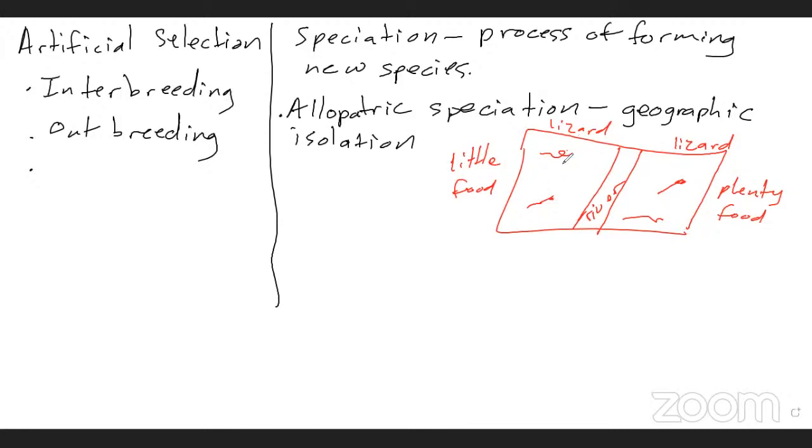So the lizards now have to find some way of adapting. Probably they develop a new color to camouflage themselves. The lizards on the other side with no predator don't need any camouflage. So over time they develop new characteristics and traits that will make them become completely different species. All right. Thank you.